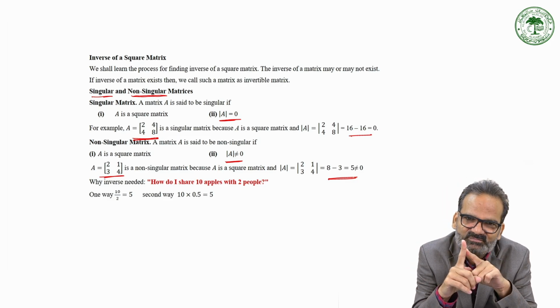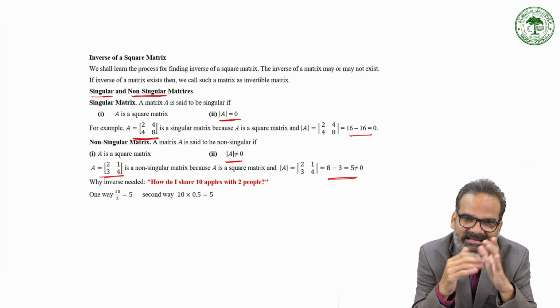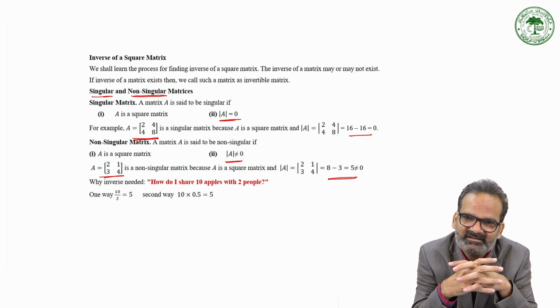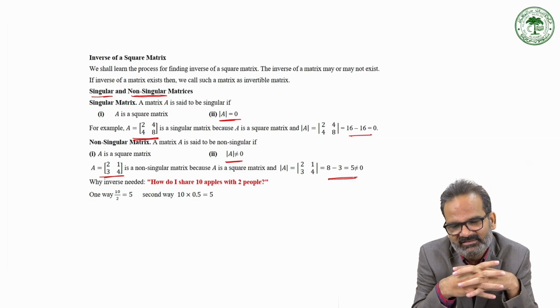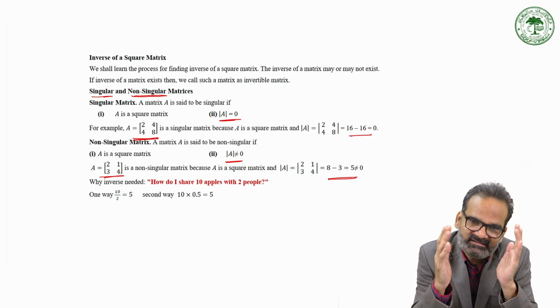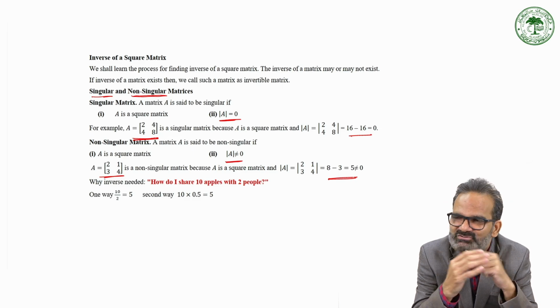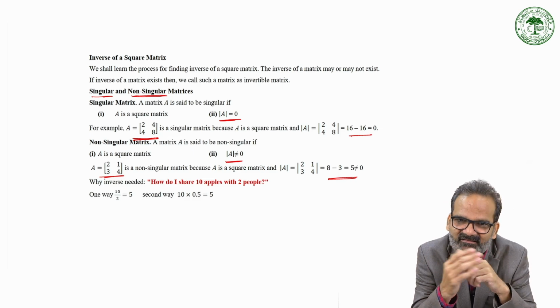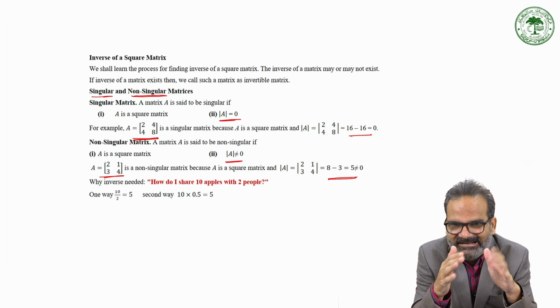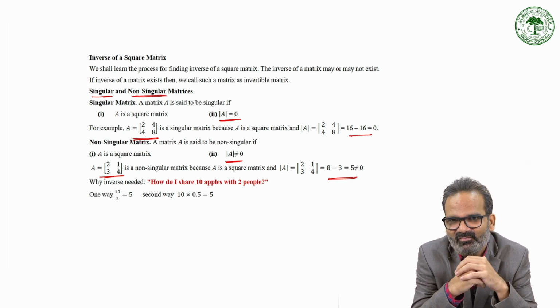Among all those properties, one is division. In case of numbers, division is always possible. We can divide a number by any other number, but in case of matrices, division is not possible. So what should we do? The replacement of division in case of matrices is the concept of inverse.